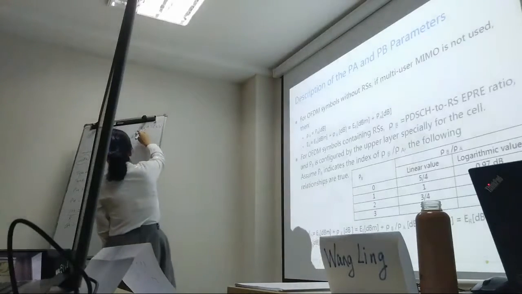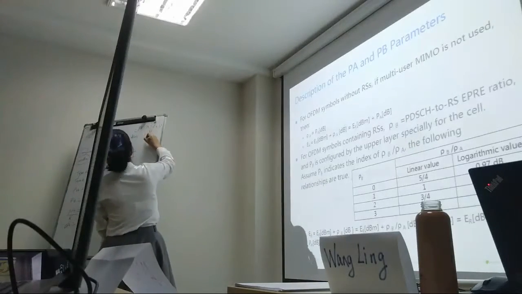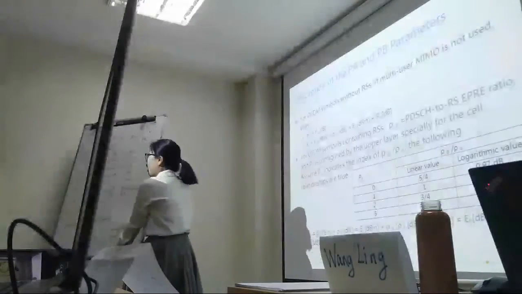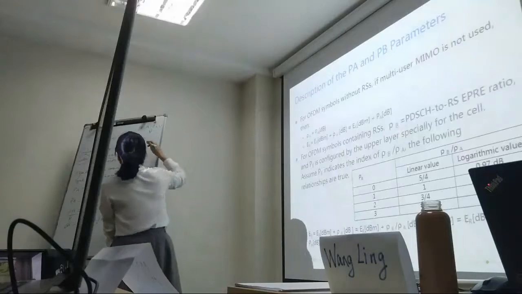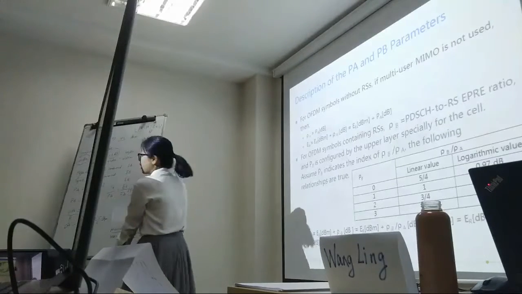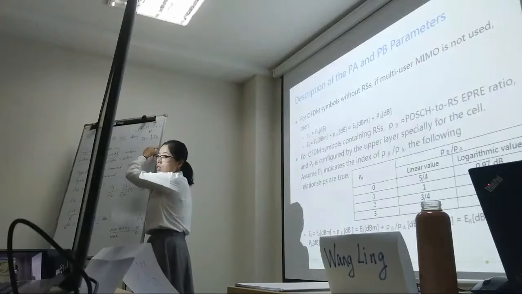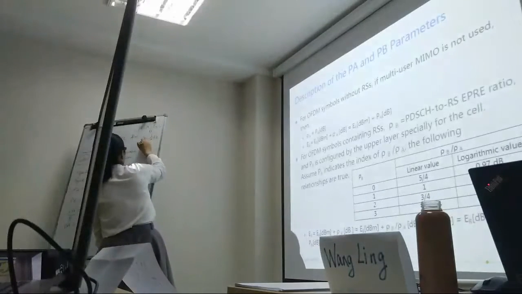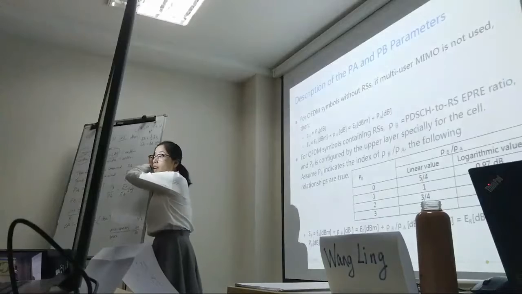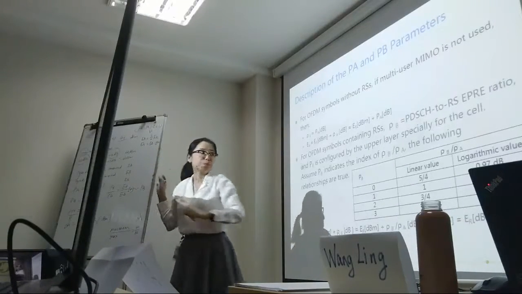So from this we can get that the type A RE's power equals half RS, and type B RE equals type A, so it's also half RS.